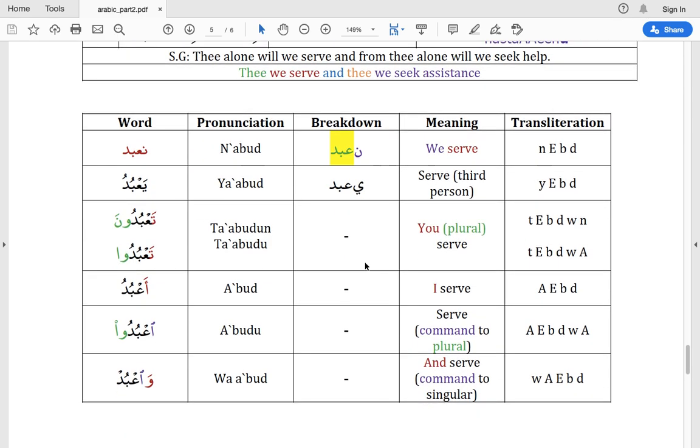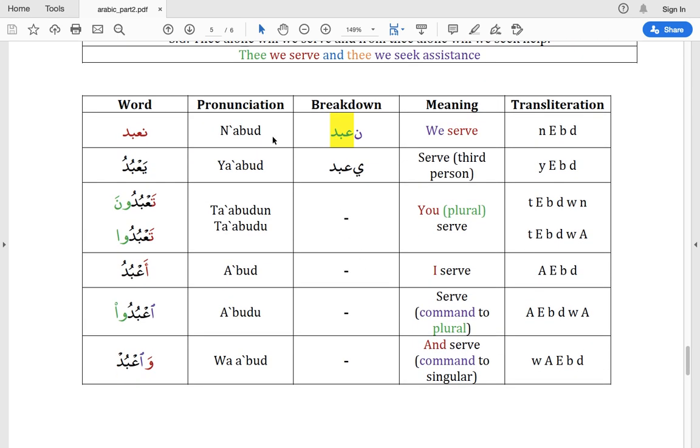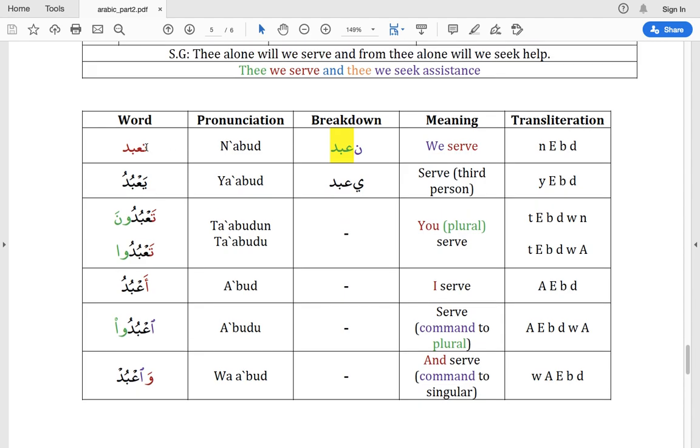Going forward, we have na'budu: noon, ain, ba, dal. Noon is separate. Abad, that's the root. It means serve. Sometimes they translate it as worship, which is incorrect. And we know it's incorrect because if you go to all the instances of the Quran where this root is used, you'll see that worship doesn't make any sense.